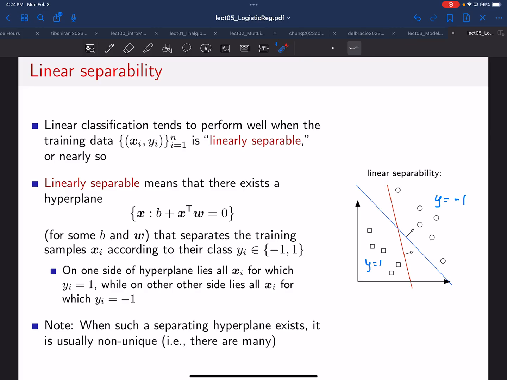And here you can see it was possible to find a linear boundary that perfectly classifies your data. Okay, so that's what linearly separable means. It's really a property of the data set, the training data.